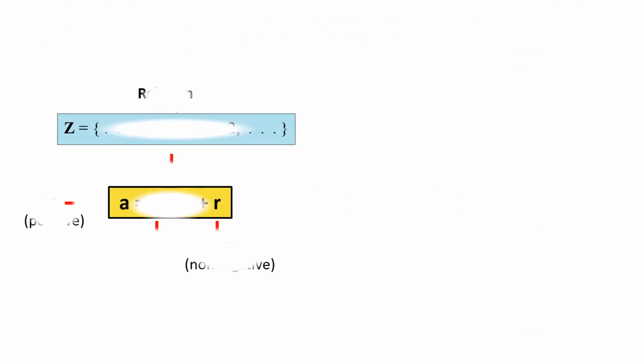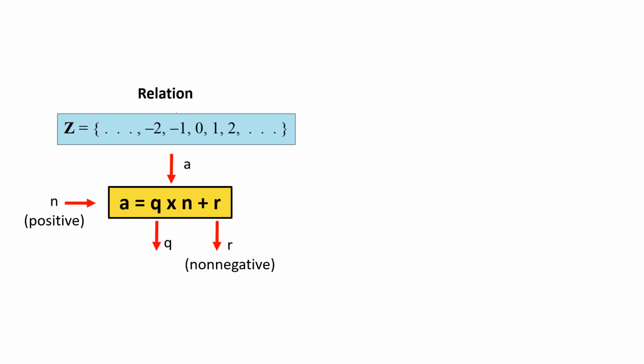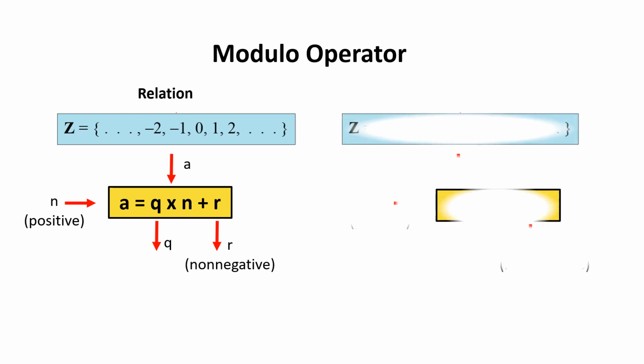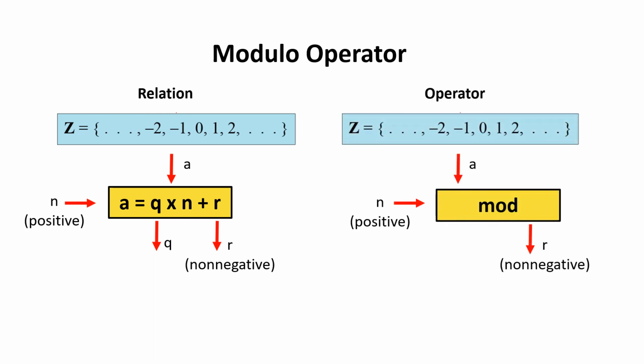As previously mentioned, we can change the division relation into a binary operator with two inputs a and n and one output r. The binary operator is called the modulo operator and is shown as mod. The second input, n, is called the modulus.